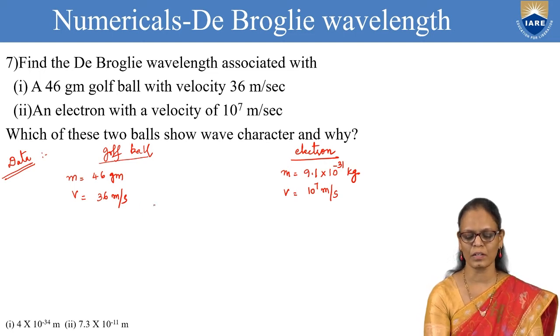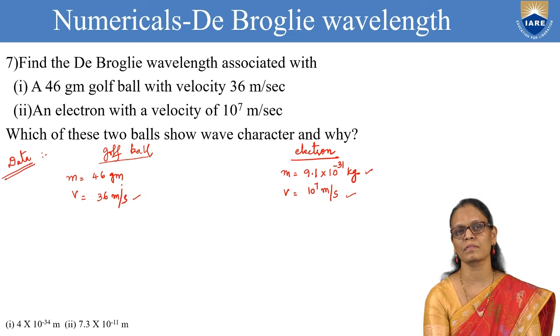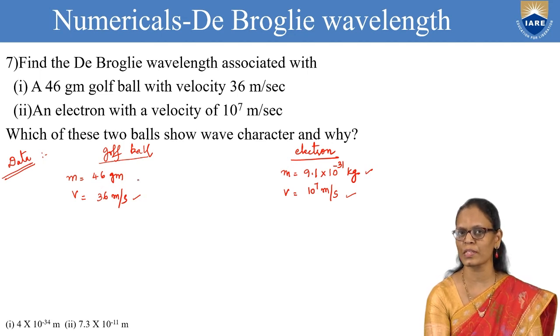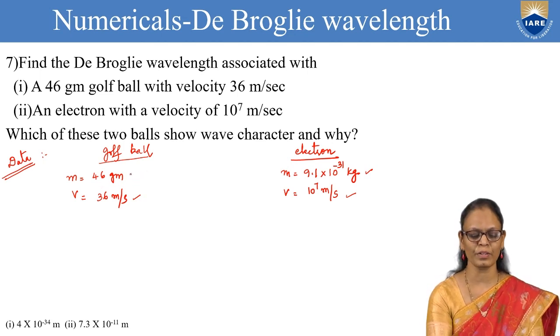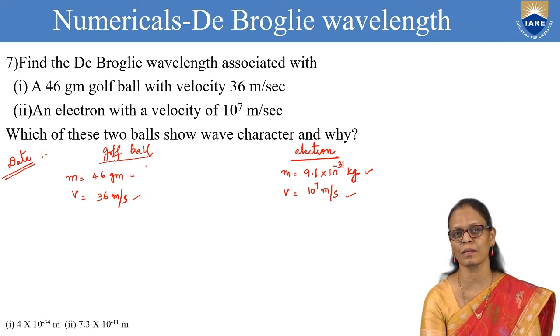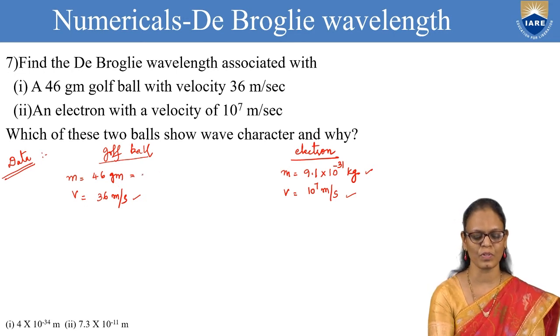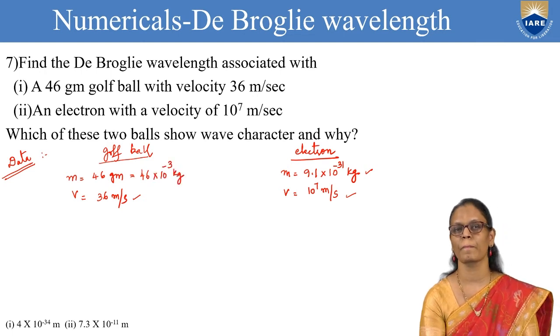Now, if you observe, these are in the SI system, but 46 grams is in CGS. I told you, before you proceed to solve the numerical, you will have to check whether all the quantities given are in the same system or not. If not, you will have to convert. So we will convert it into the SI system: 46 into 10 to the power of minus 3 kilograms.